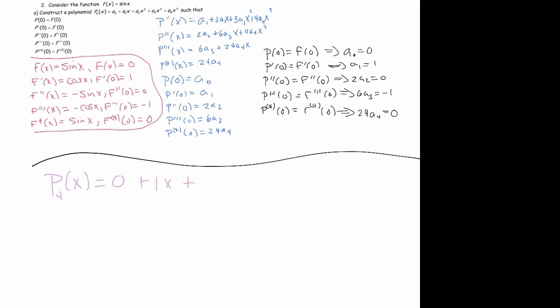I guess I didn't write it up here, but a2 would be 0, so 0 x squared, plus a3, which is negative 1/6. And then a4, which we found to be 0. And so there is the fourth degree Taylor polynomial for sine of x, and this is centered at x equals 0 because we made everything agree at 0.